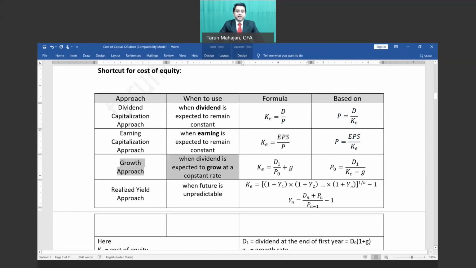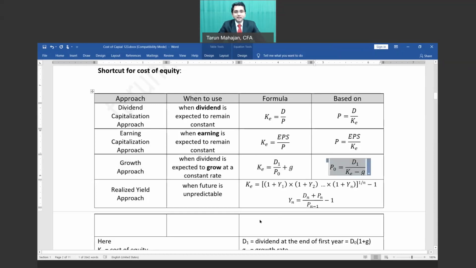But if a company is expected to give growing dividend, in that case, the valuation formula is like this.